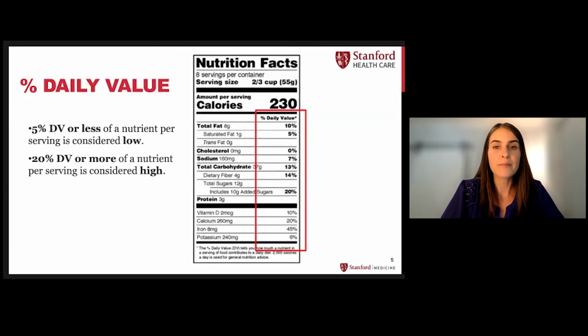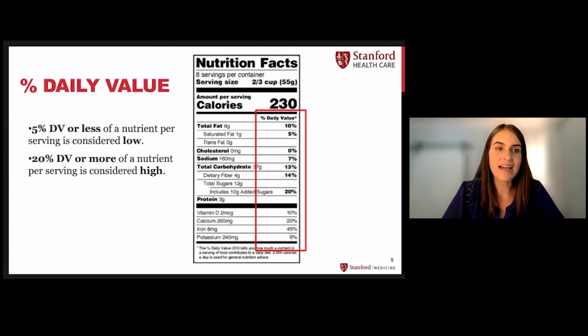Next, we can look at something called percent daily value. That is this column here on the right-hand side with all these percentages. The percent daily value shows us how much a nutrient in a serving of a food contributes to the total daily diet.